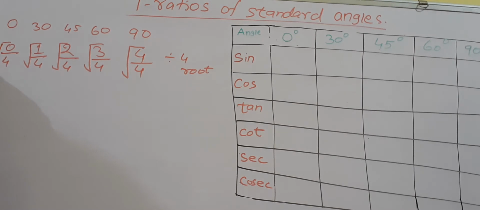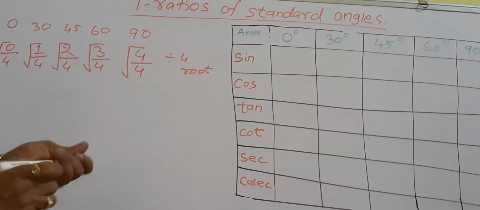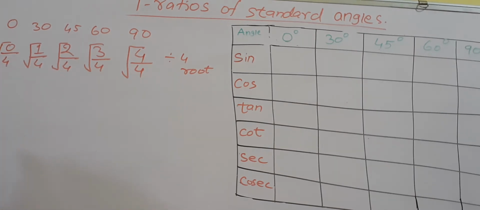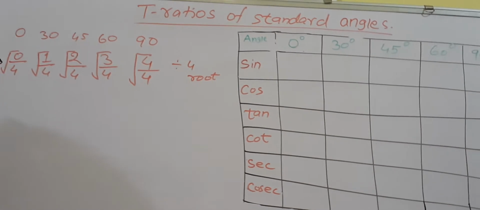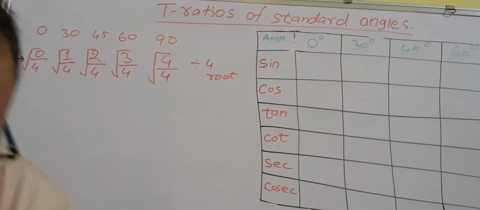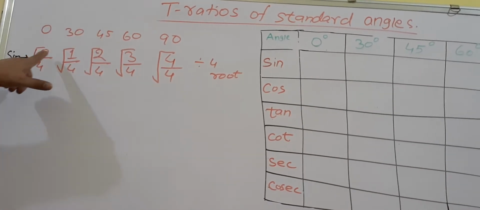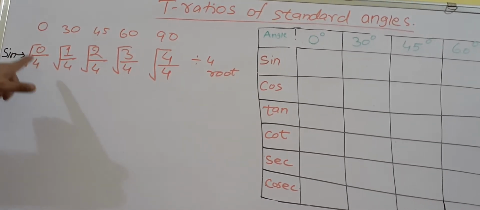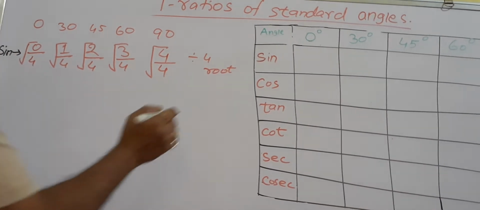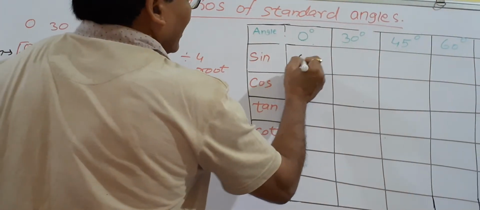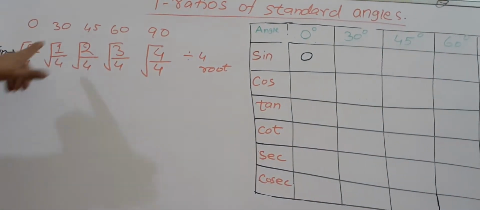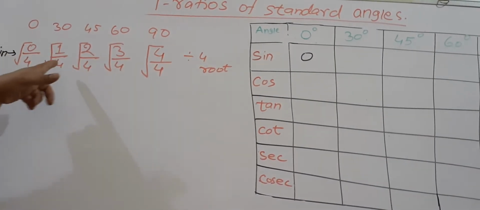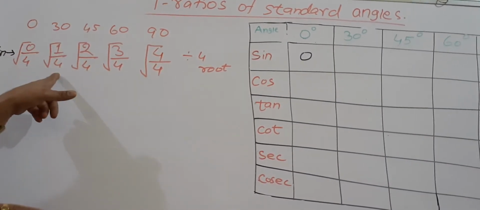This result will give the value of sine. Now just calculate from here. Sine 0: 0 by 4, 0 divided by anything is 0, and the square root of 0 is 0. So sine 0 value is 0. 1 by 4: the square root of 1 is 1 and the square root of 4 is 2.